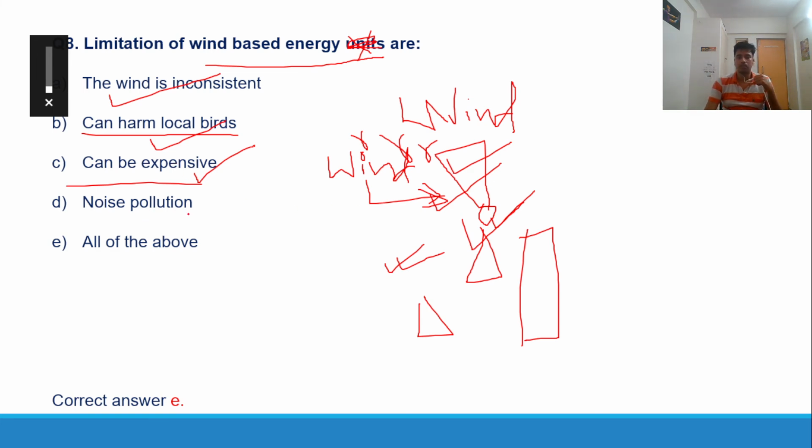Okay. Second is noise pollution. I told you in slide 6 or 7 about the noise pollution, how much noise this wind turbine makes. These wind turbines are actually very much noisier. When you go near a wind farm, you will see that the noise generated by a wind turbine is comparable to the noise generated by an aeroplane.